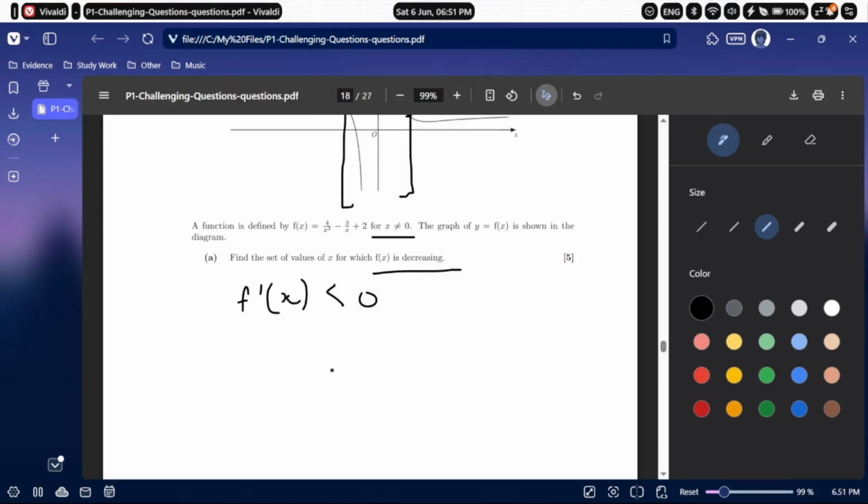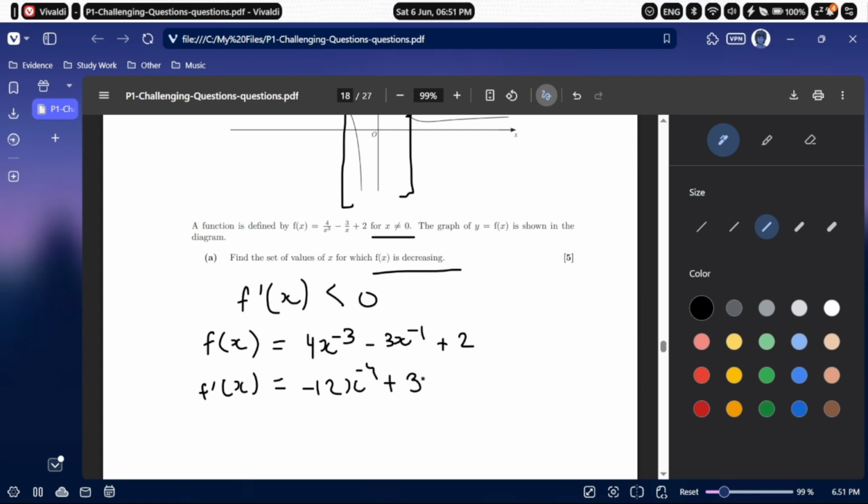So we'll start by differentiating f of x. f of x over here is 4x raised to minus 3 minus 3x raised to minus 1 plus 2. The derivative of that is minus 12x raised to minus 4 plus 3x raised to minus 2.